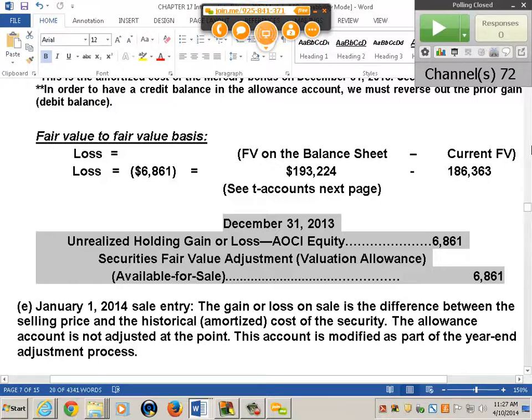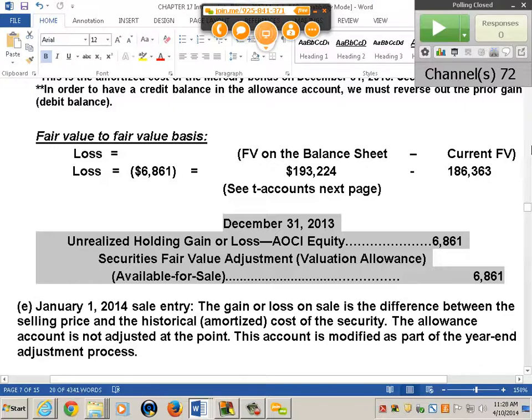I've got an allowance account that's writing that up. The balance on my ledger is 193,224, but if I go to the market, the quoted market price is 186,363. I have to write it down by 6,861. That to me is the fair value comparison. To me, it's quicker, it's cleaner. You don't have to worry about plugging T accounts, but again, whatever your preference may be.